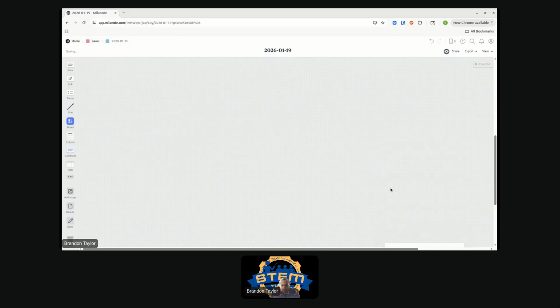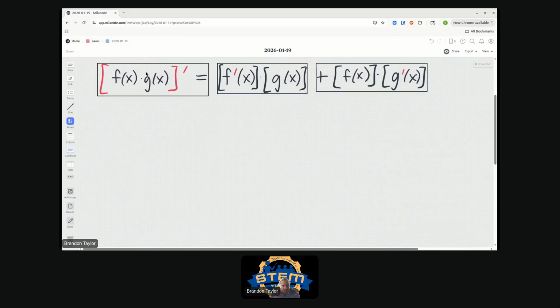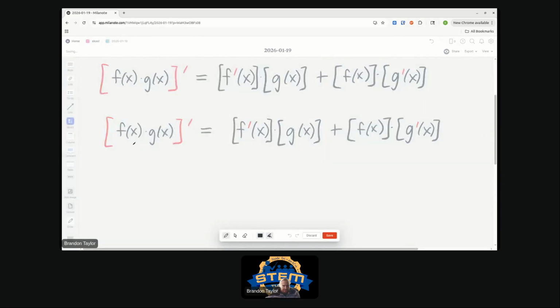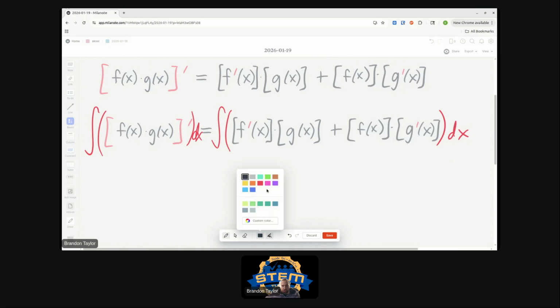Now what we're going to do is use this, but take the integral of both sides: the integral of the entire left side, and the integral of the entire right side. Then we simplify and rearrange. What is the integral of the derivative? Derivatives and integrals are inverse operations, so they cancel each other out, which leaves us with f of x times g of x.